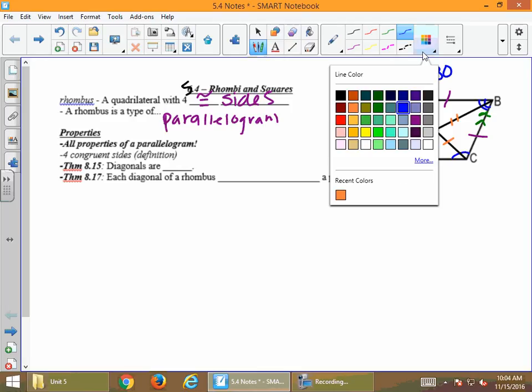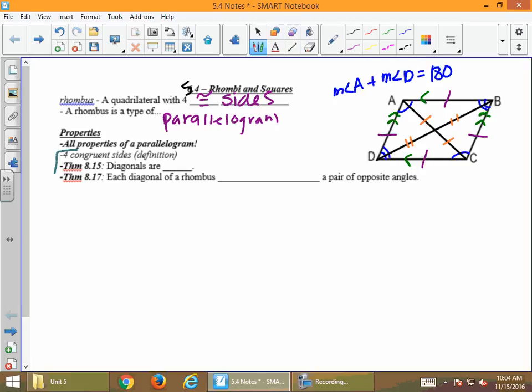There are some new things that only apply to a rhombus and a rhombus only. It doesn't apply to a rectangle, doesn't apply to every parallelogram, only applies to a rhombus. Okay? By definition, what we just talked about, 4 congruent sides. The diagonals are perpendicular. Remember that upside down T means perpendicular?